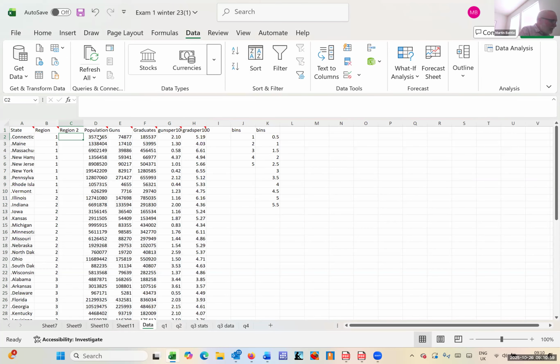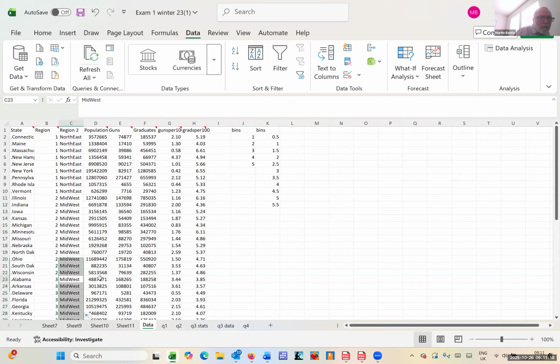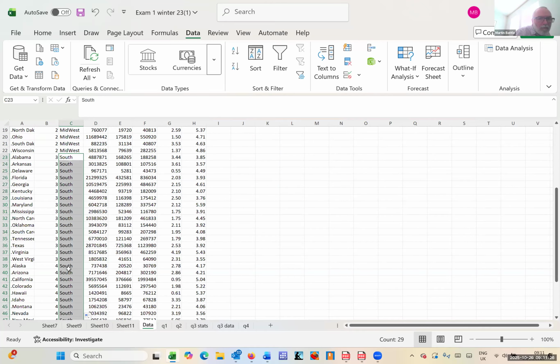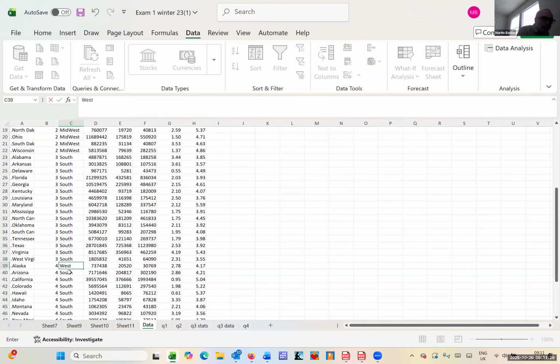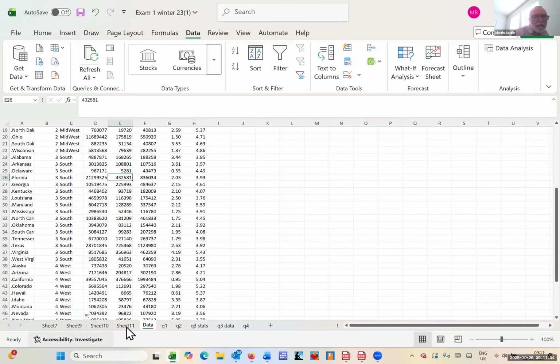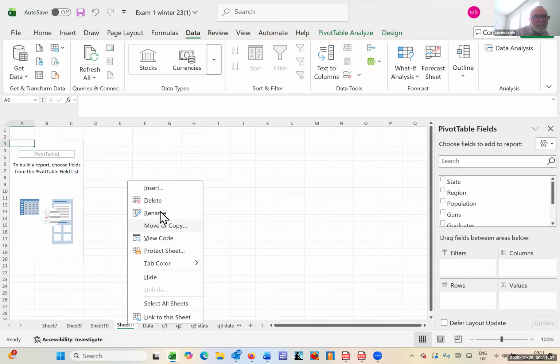So this is East, Midwest, South, and then West. Now I'm going to click here. Let's see, this is pivot table. I'm going to delete this.